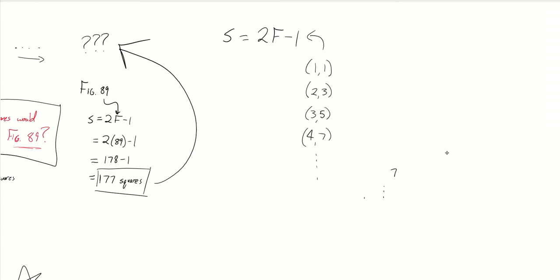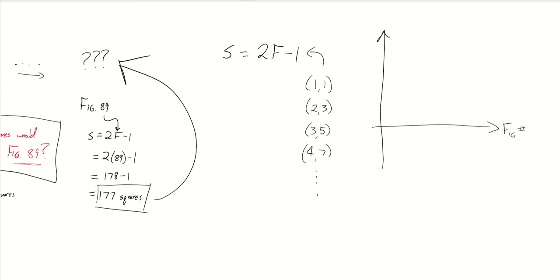So we could graph this relation by taking a horizontal axis, and we don't have to call it an x-axis, actually. This horizontal axis we could also call the f-axis for figure. So that's where our figure number goes. And we could write this y-axis, this vertical axis here, but we don't have to call it the y-axis.